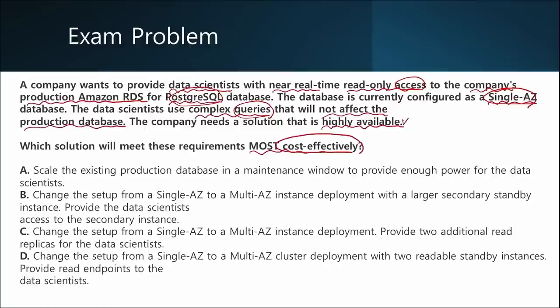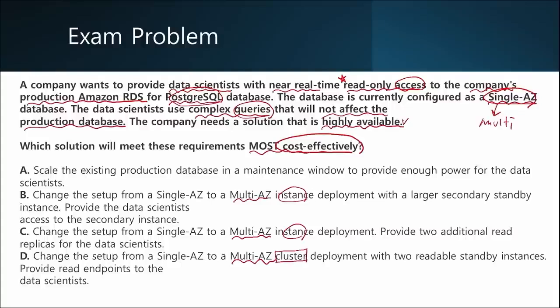First of all, to achieve high availability, you need to go from single AZ to multi-AZ. There are 3 options related to multi-AZ, B, C, and D. As we learned earlier, there are 2 ways to deploy multi-AZ: instance deployment and cluster deployment. First, data scientists have access to read.